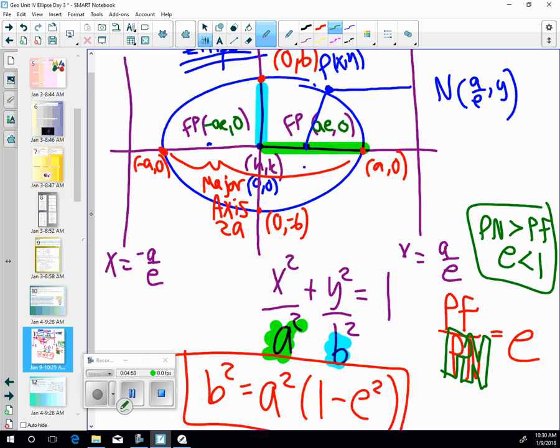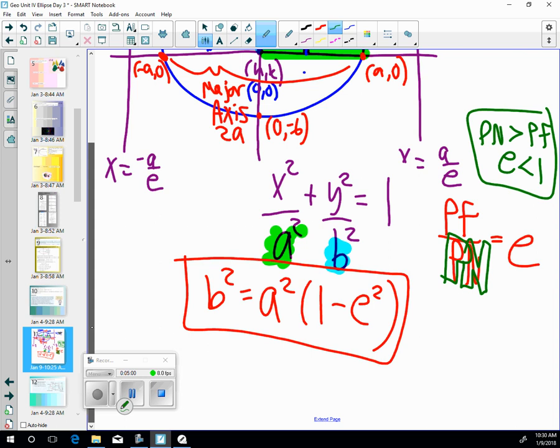This is going to impact your understanding of formulas. Think of it this way. If E is less than 1, tell me, if E is less than 1, what's this quantity in here going to be? Less than 1, right? So what can you tell me about B squared?